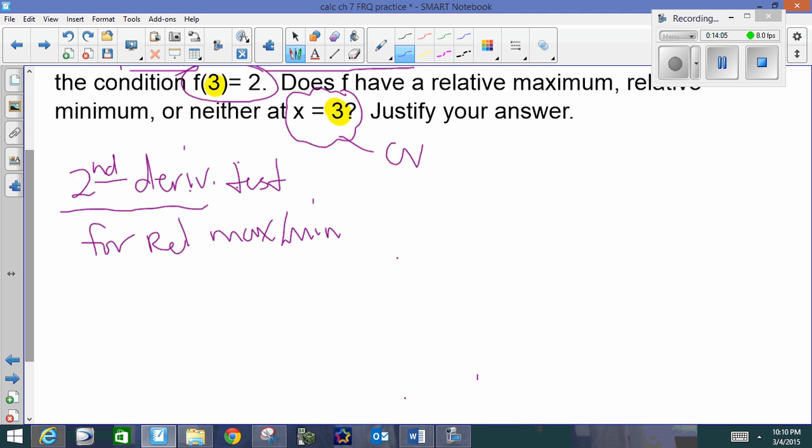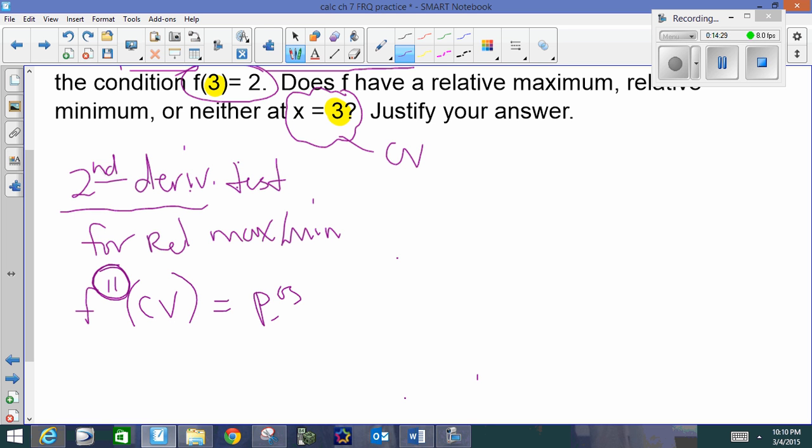It says if we end up with the f second derivative, I'm going to use the old notation just because it's quicker, at a critical value is positive, that would be concave up, so that would make it a minimum. Second derivative would be a concavity.